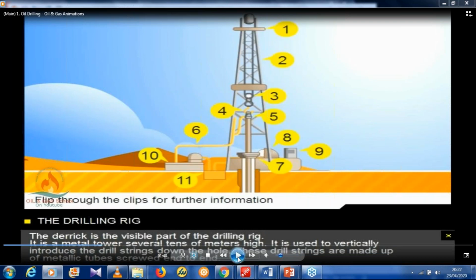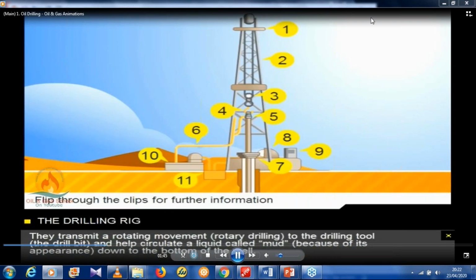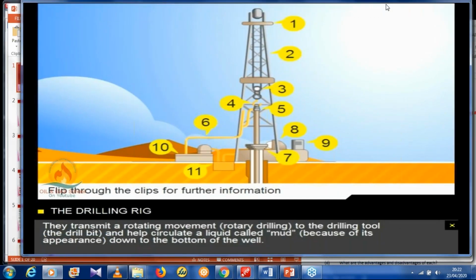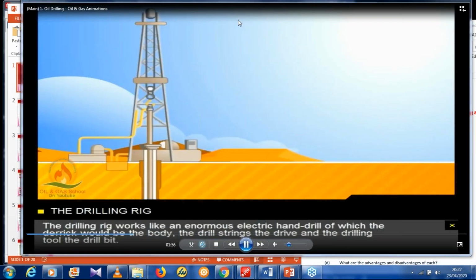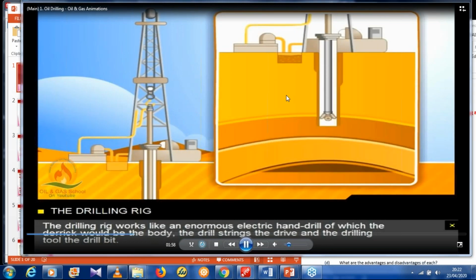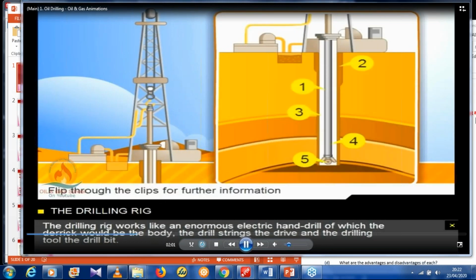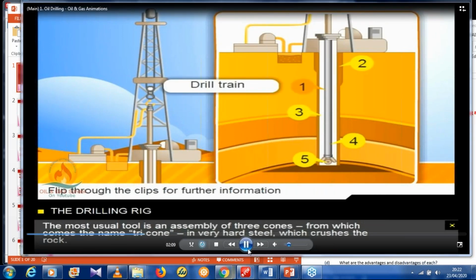Usually mud is pumped into the hole. That's the drilling tray. This is the drill train. Underneath, the drill train carries the drilling bit.